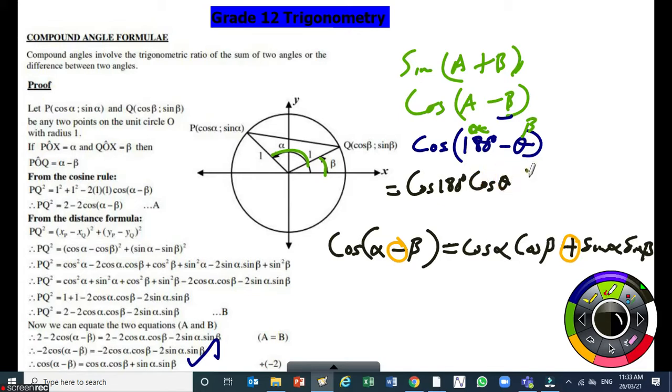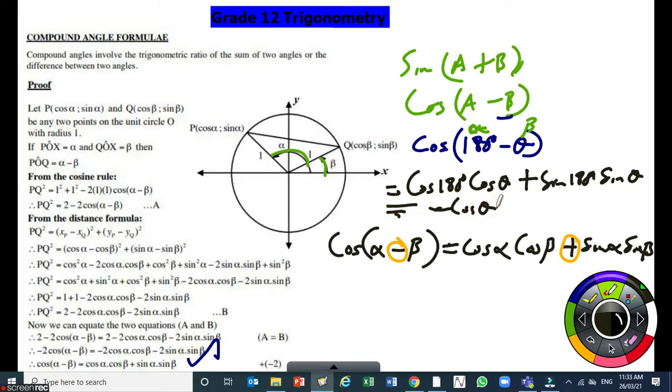There is a plus here, put a plus there. That's sine alpha, which is 180. So sine 180 times sine beta, which is theta. What is cos 180? Cos 180 is equal to negative 1. Yes. So negative 1 times cos theta will give you minus what?